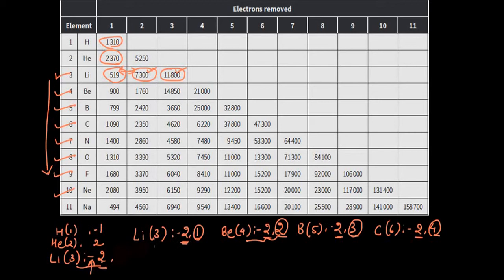But there is an increase in the atomic number, that is, in the nuclear charge, along the period. So due to the increase in the nuclear charge, the ionization energy also increases.